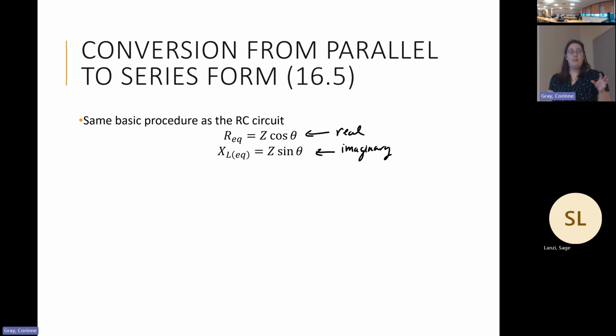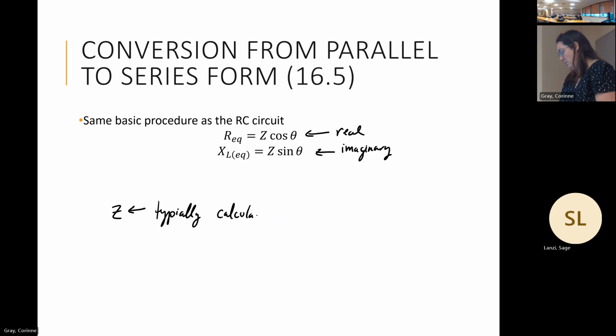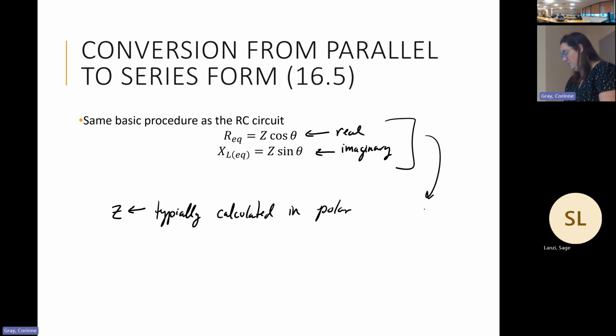If we do our calculation for Z, we typically calculate this in polar, so we'll need to convert into rectangular. And we will have to go back and forth between them depending on what we are doing.